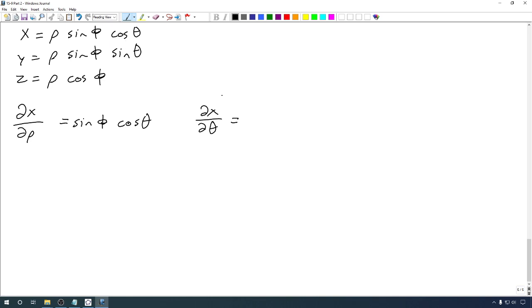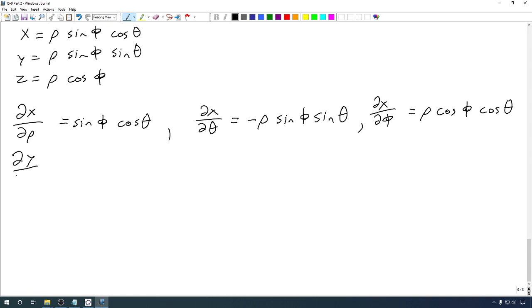The derivative of cosine theta is a negative sine. So we'll still have the rho sine phi, but then we have a negative sine theta. And then the derivative of x with respect to phi, this time the rho cosine theta just stick around. Derivative of sine phi is cosine of phi. So we have rho cosine phi cosine theta.